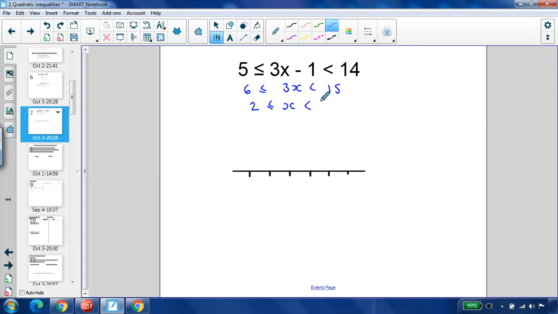So I'll have that. Showing this on a number line then, I'm going to have a dot above the 2, and it's going to be a closed dot. And I'm going to have a dot above the 5, and it's going to be an open dot. Then I'm going to put a line in between.